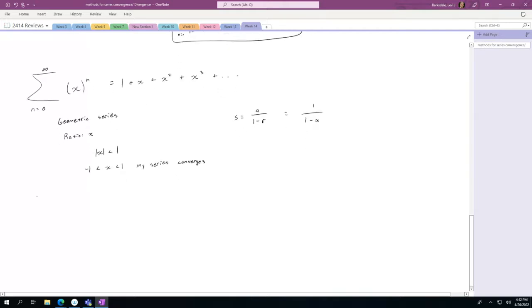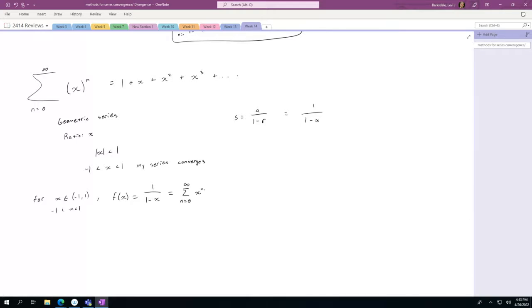Which means whenever x is between -1 and +1, which I'm writing like this, it's the same thing as this, I can actually make a function which is 1 over 1 minus x, and I can represent it using this power series. Pretty cool, huh?